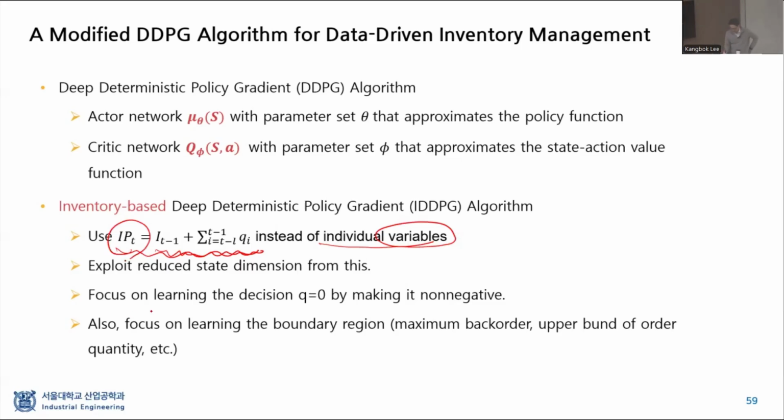And we've also focused on learning the decision of Q equals 0 by making it non-negative, because in our inventory decision, we don't need to think about any negative value as my decision. We are not reducing our inventory position from now to a lower position at all. So we cannot reduce the inventory position by ordering something, so we only need to take care of the positive part.